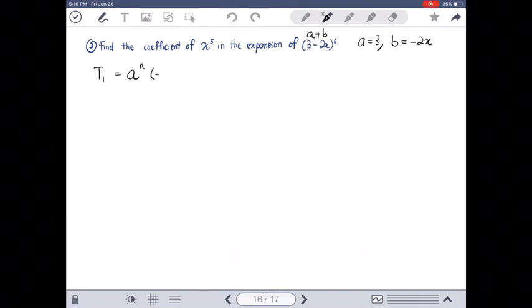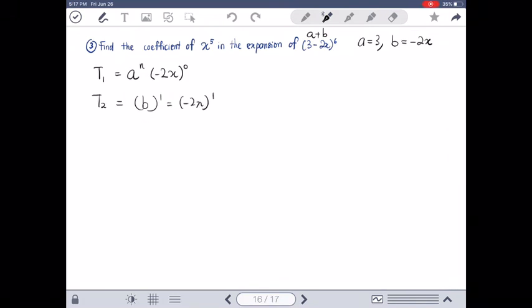Since our B is negative 2x, we start with 0. So for the first term, x will be to the power of 0. For the second term, we are going to have B to the power of 1, which is negative 2x to the power of 1, so x is going to be to the power of 1.